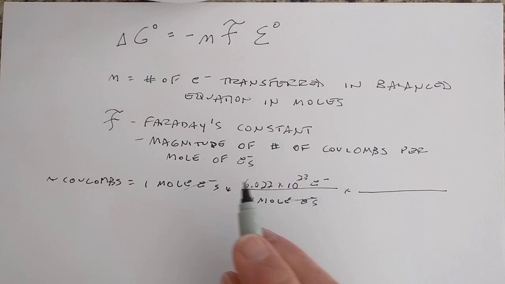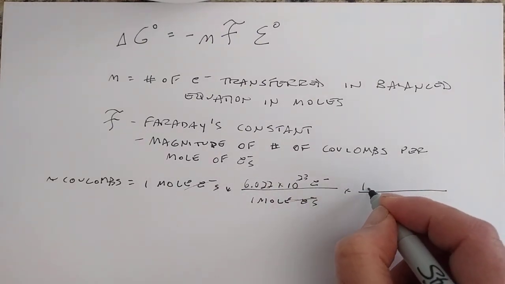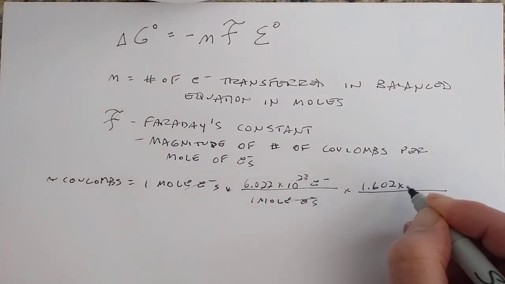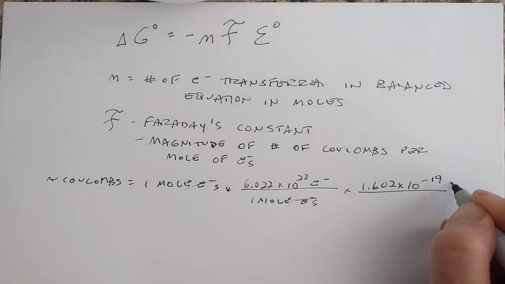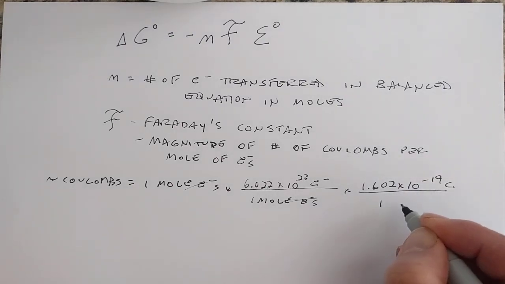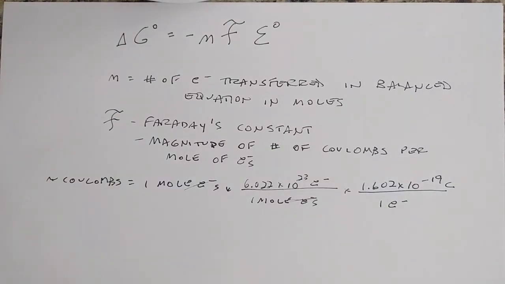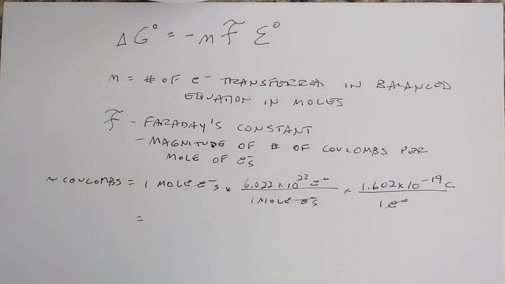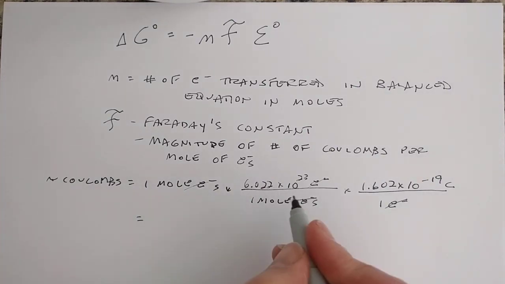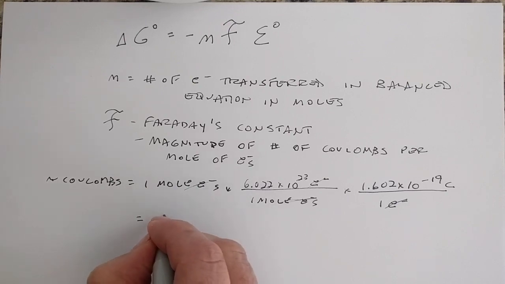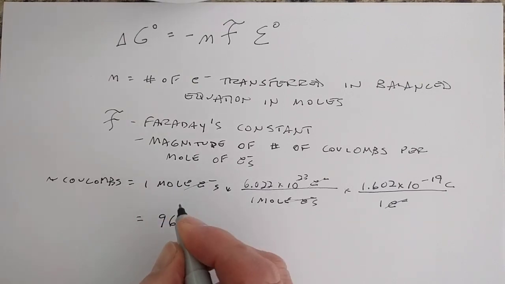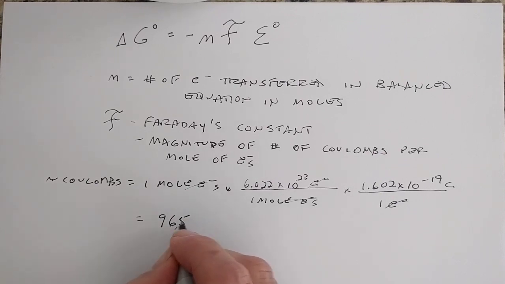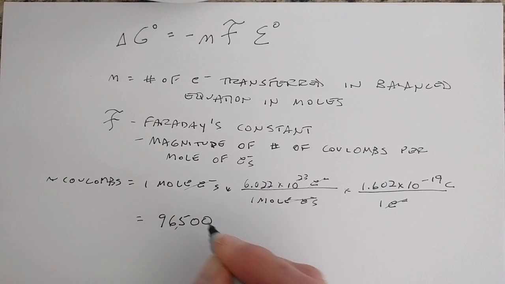And then the magnitude of the charge is 1.602 times 10 to the negative 19th coulombs for every 1 electron. So electron cancels electron. A lot of times you'll see this with 3 sig figs. I know that's 4 and 4, but we'll just use 3. So we get 96,500 coulombs.